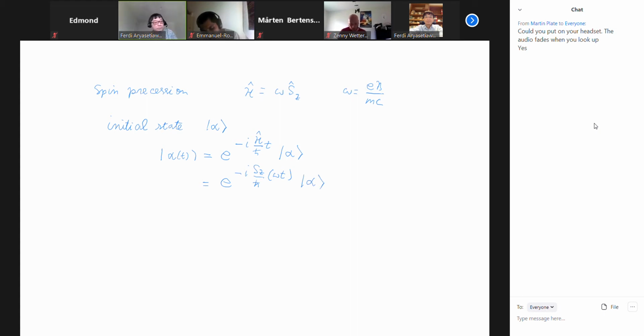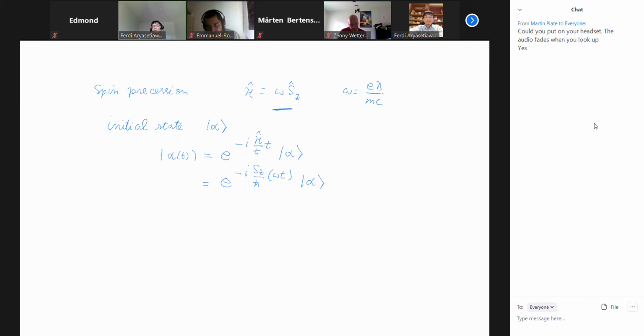The interesting thing here is that we consider a time-dependent problem. So we have some initial state alpha, and then we evolve it some time t later with this Hamiltonian.